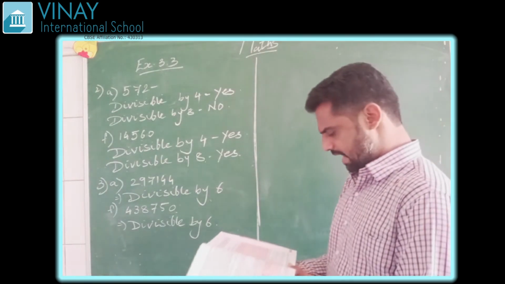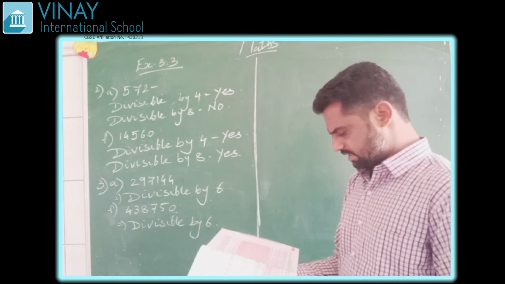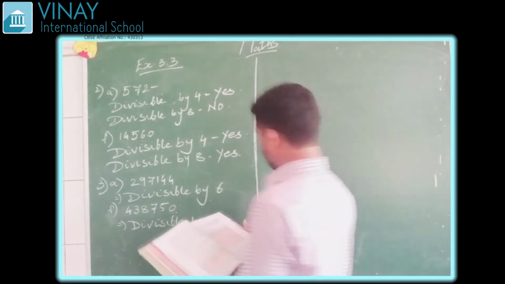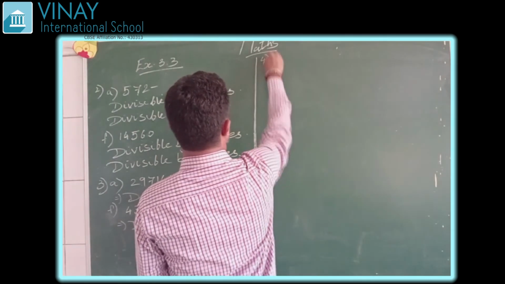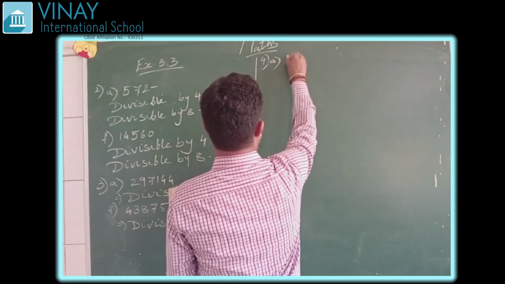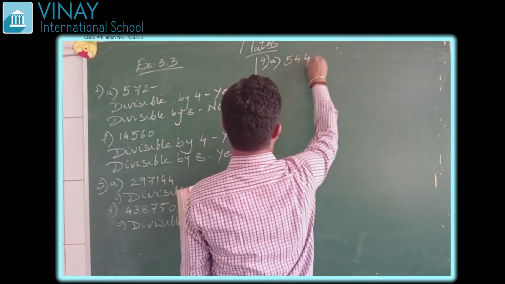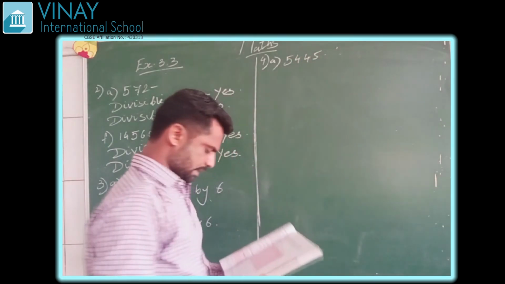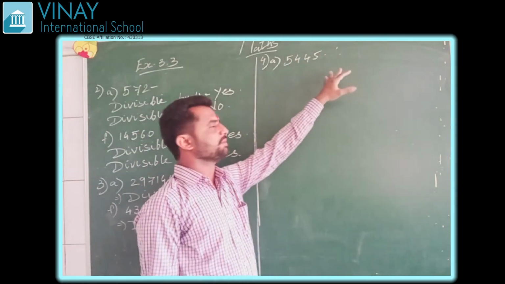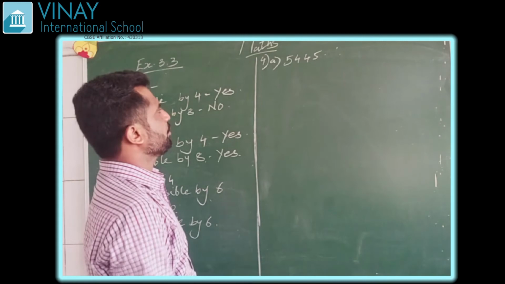Question number 4 says, using divisibility test, determine which of the following numbers are divisible by 11. 5445. Now we need to check whether this number is divisible by 11 or not.